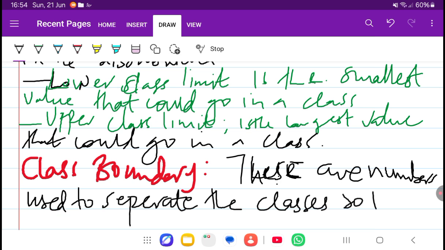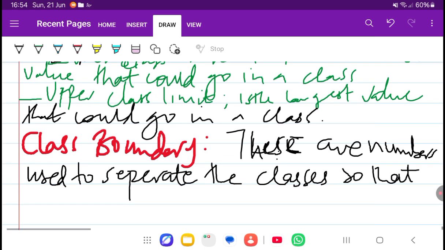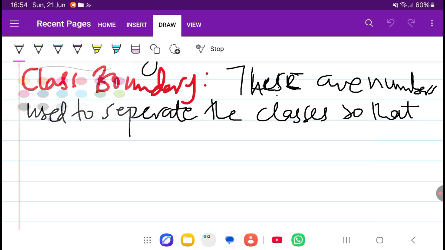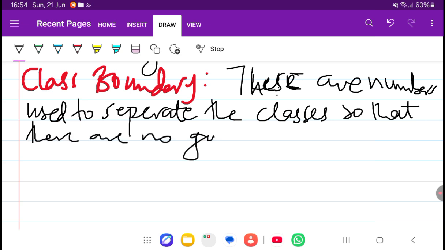So that there are no gaps in the frequency distribution.